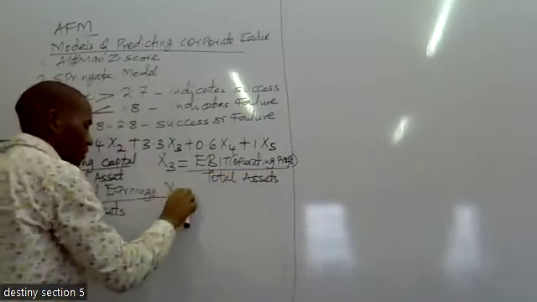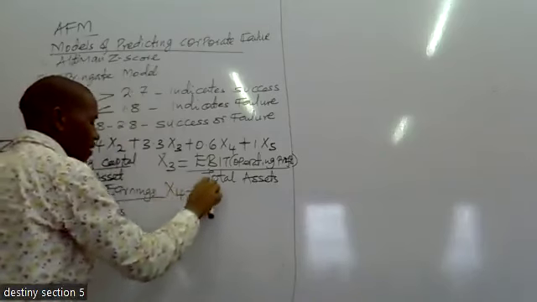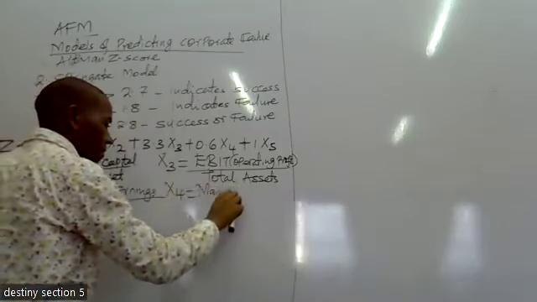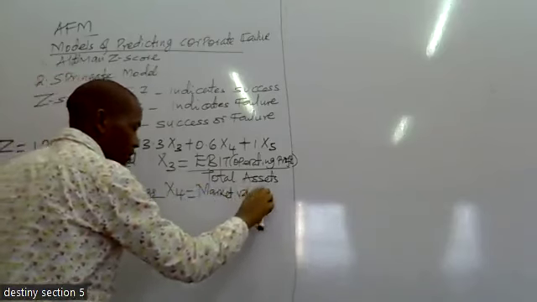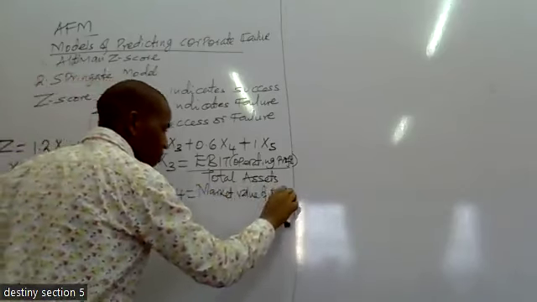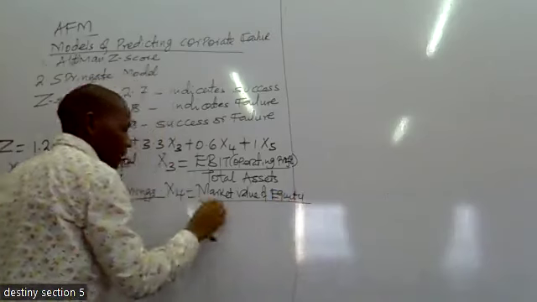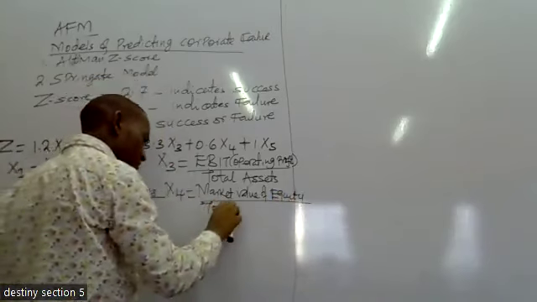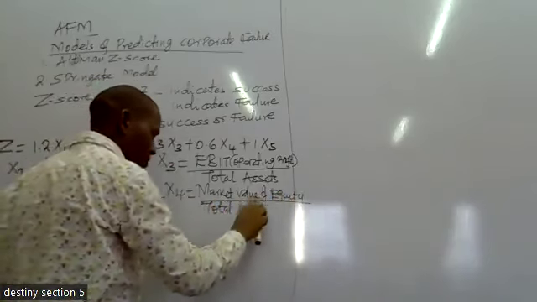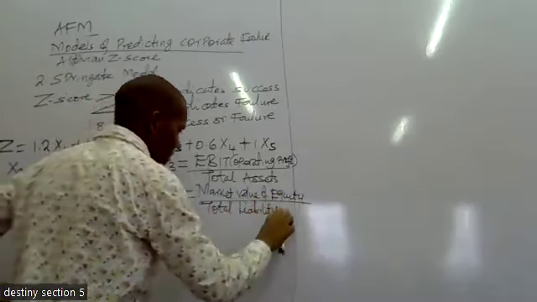Then X4 will be the market value of equity. Value of equity, you divide by total liability.